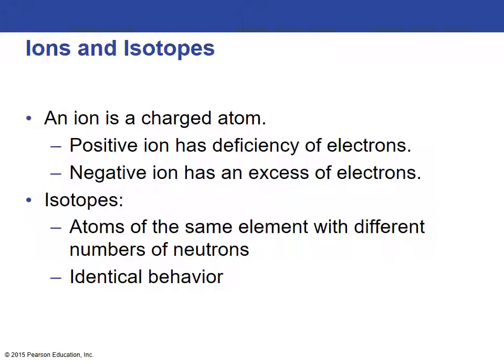When we talk about an ion, and again, keep your vocabulary straight, an ion is going to be a charged atom, either that has drawn electrons toward itself or has given away electrons to somebody else. Contrast that with an isotope. For an isotope, the thing that has changed is the number of neutrons.